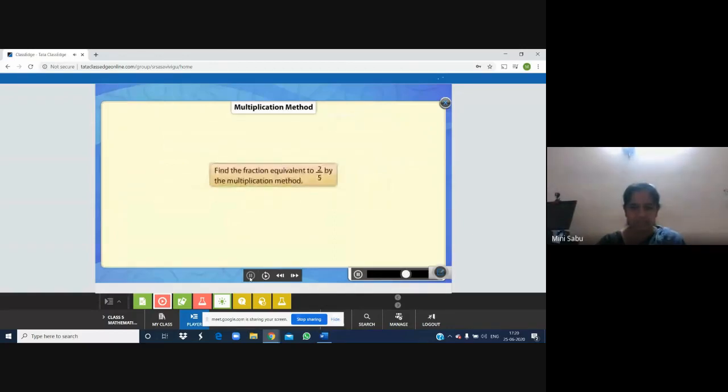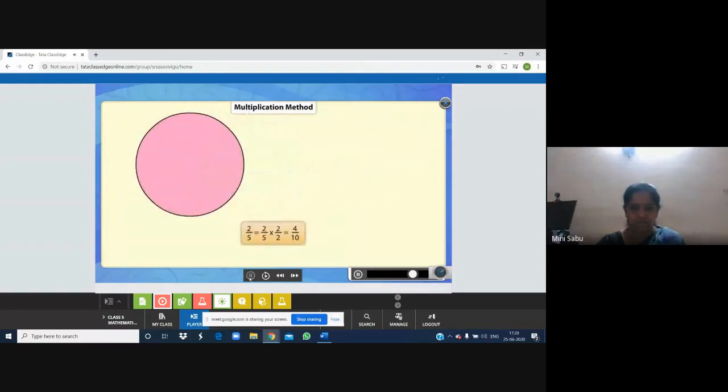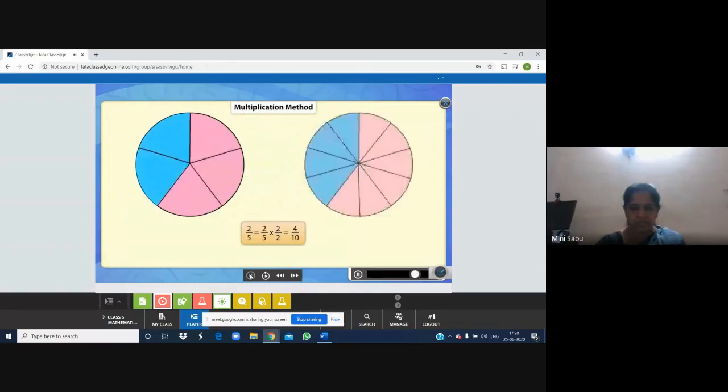Let's find the fraction equivalent to 2 upon 5 by using the multiplication method. First we multiply its numerator and denominator by 2, which gives us 4 upon 10. This means 2 upon 5 and 4 upon 10 are equivalent fractions.